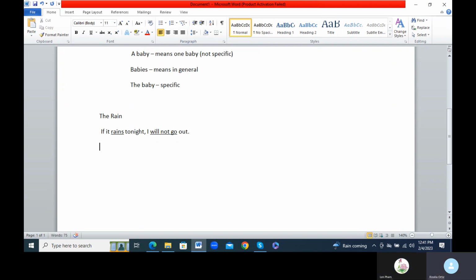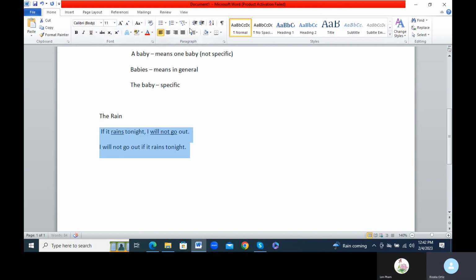As I mentioned earlier, if the main clause, or the independent clause, is written at the beginning of the sentence, it is totally fine, but you have to remove the comma. I will not go out if it rains tonight.